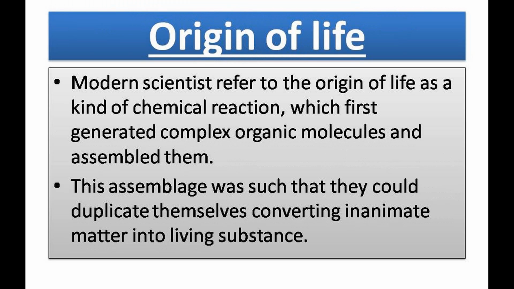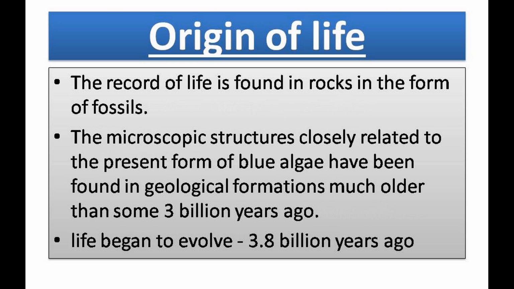Modern scientists refer to the origin of life as a kind of chemical reaction which first generated complex organic molecules and assembled them. This assemblage was such that they could duplicate themselves, converting inanimate matter into living substance. The record of life that existed on this planet in different periods is found in rocks in the form of fossils.